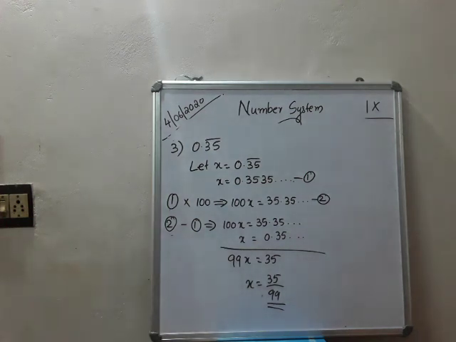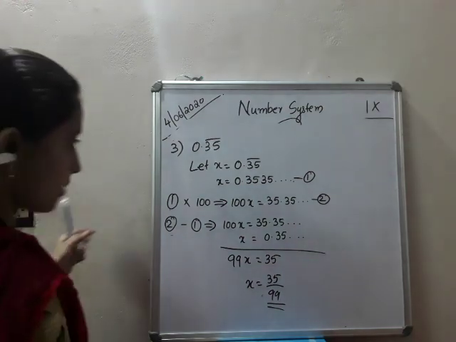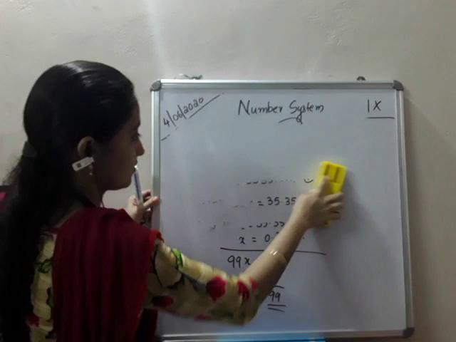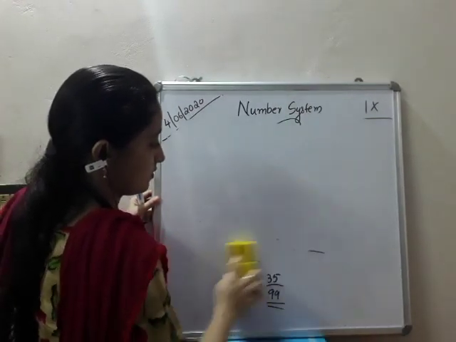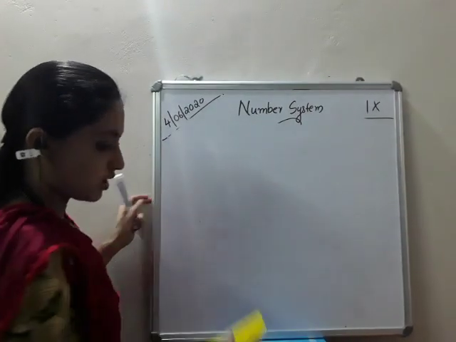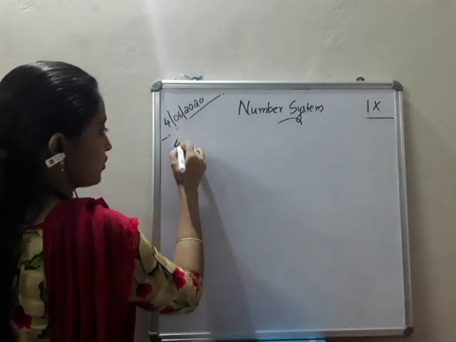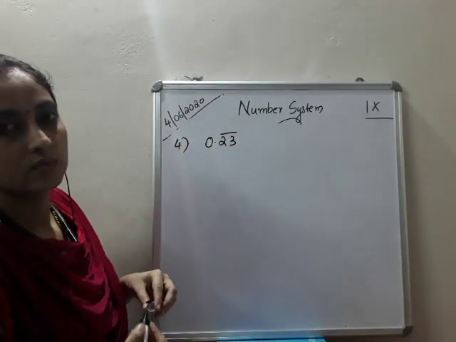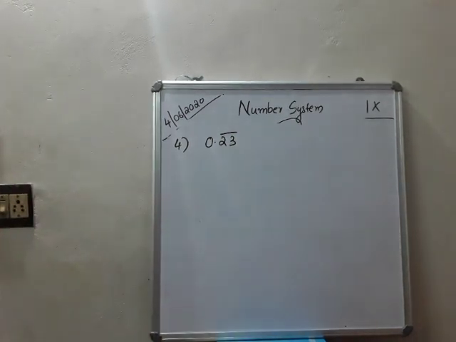Okay, next question you have to do by yourself. So please write down the question. 4th question, 0.23 bar. Yes, I will not say the answer. Do by yourself.